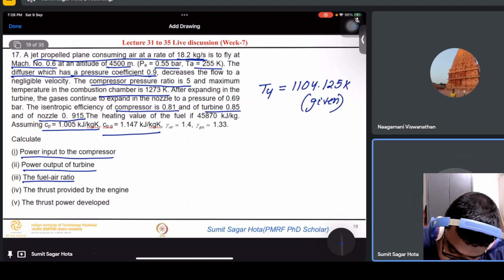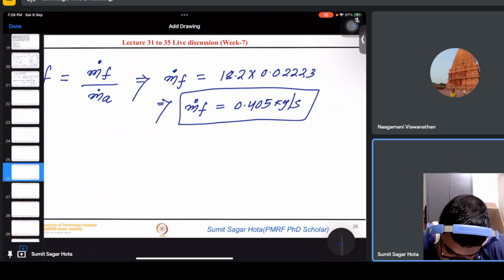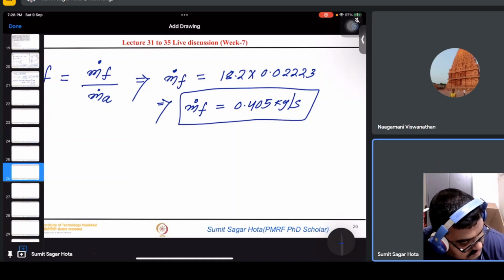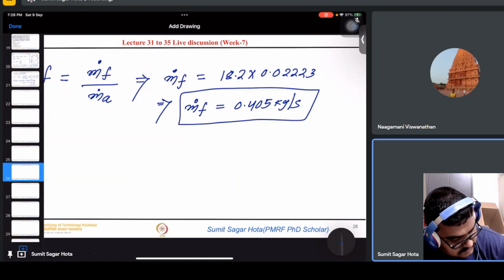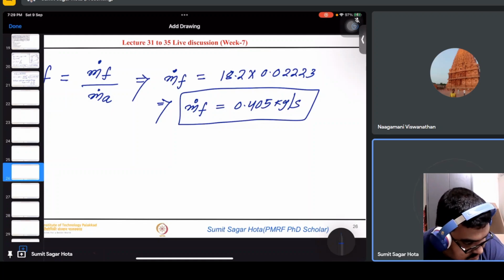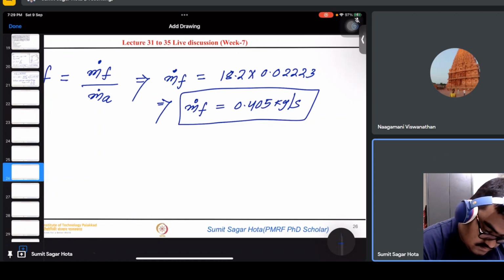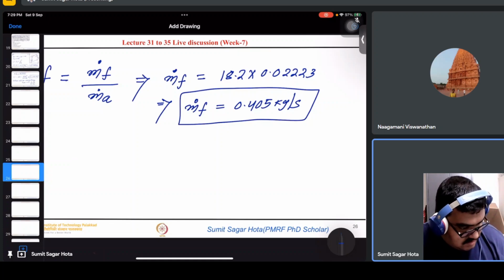If this is not given, then you cannot find out the power output of the turbine. It's difficult. So let's do it.